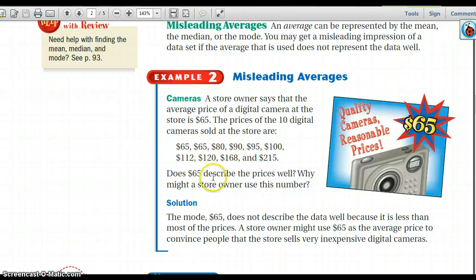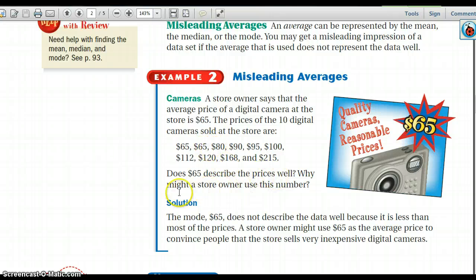But when we look at our data, the mode, they're not wrong. They're using 65 as an average, but in this case, does it give a good picture of how much cameras really cost? And here we can see definitely that there's 2 cameras that are priced at $65. The rest of the cameras are all substantially higher in price than the 2 bottom price cameras.